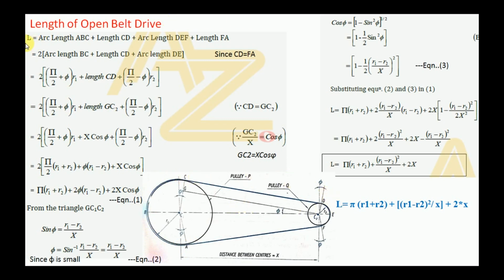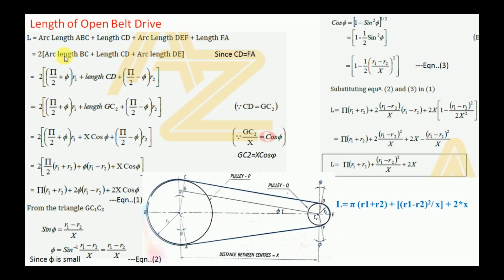So L equals the arc length ABC plus the length CD plus the arc length DEF plus the length FA.